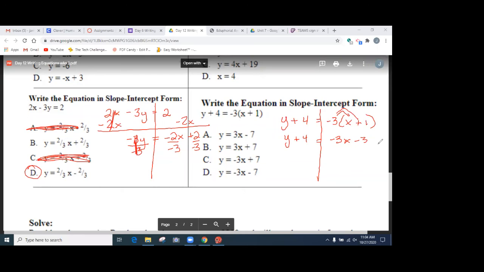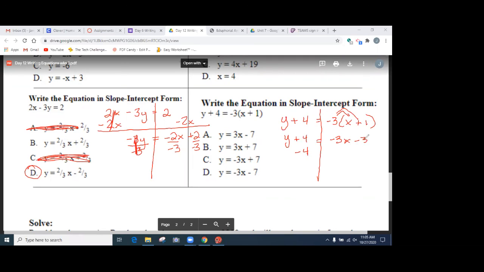Not so bad. Now, if I want y by itself, what do I need to get rid of on this side? Yeah, you said it, 4. So how do I get rid of positive 4? What's the opposite of positive 4? Negative. Minus 4, yeah. So the opposite of plus would be minus. Where's the 4 go over here? Does it go under the x or under the 3?